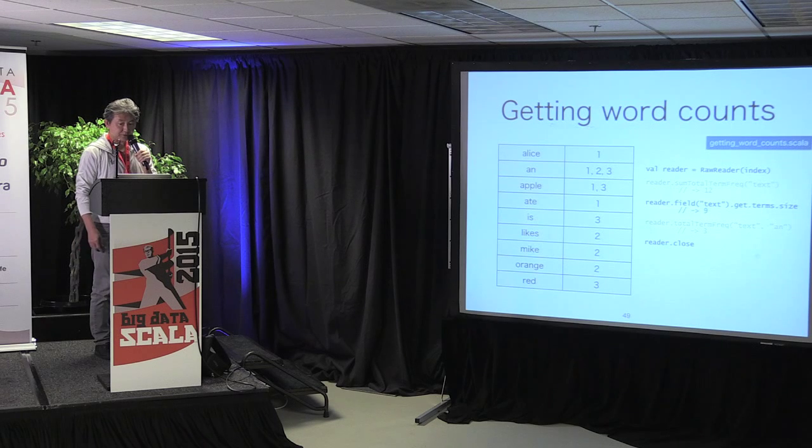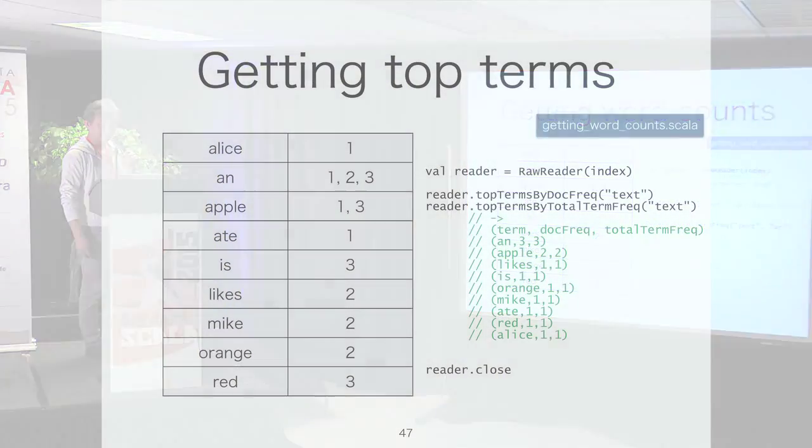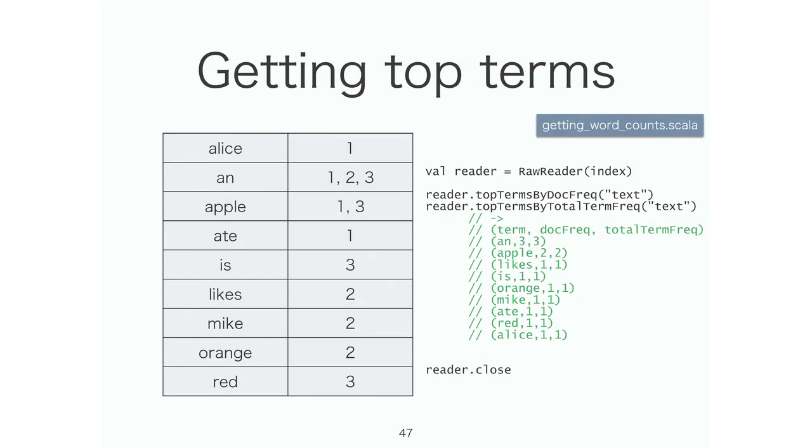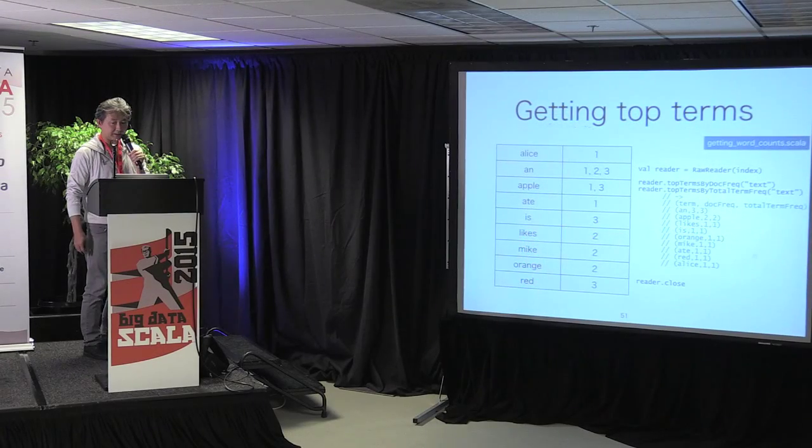This is a method to count the number of unique terms in the specified field. This is total term freq, and it shows you the count of the word you specified in the specific field. There are other code snippets to get word counts and top terms. There are 2 types of sorting, sort by doc freq and total term freq.